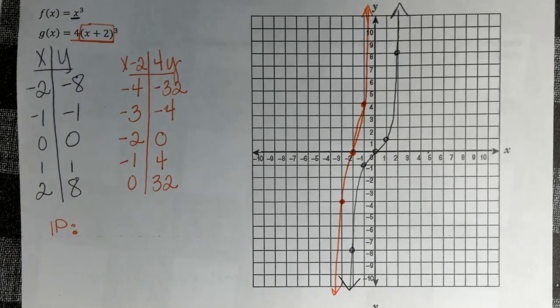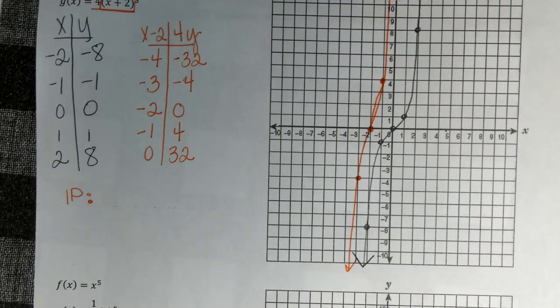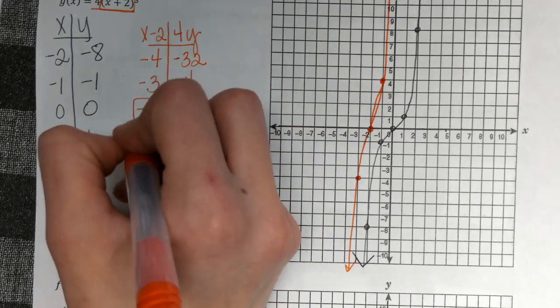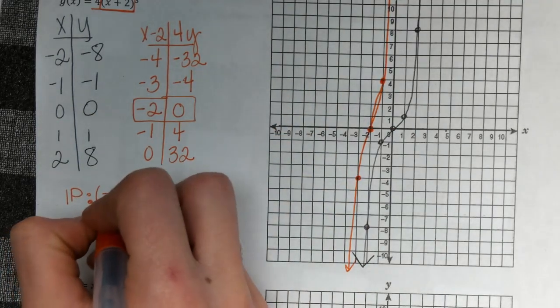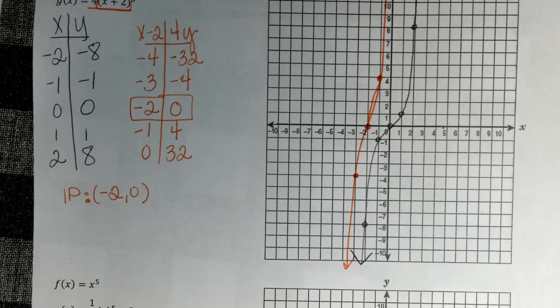And then what would my new inflection point be? If it's the center of your graph, the center of your table, it'd be negative 2, 0. With evens, with quadratics, we always said it was the vertex, and that was the center of your table. So it's similar to that, location-wise.